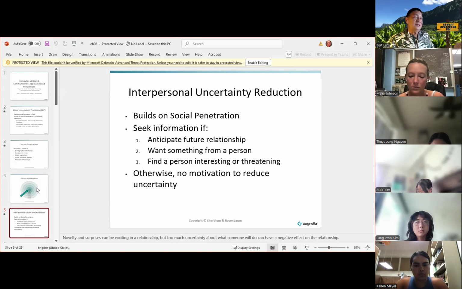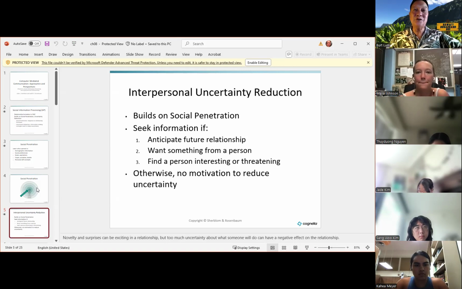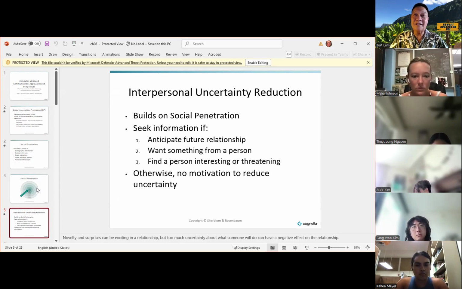Now, this is all very subjective, because if there's an interaction and no door opens, there's no interest on the part of the person to share any additional information. Maybe the person is a very, very private person. They will show indications of that door closing.